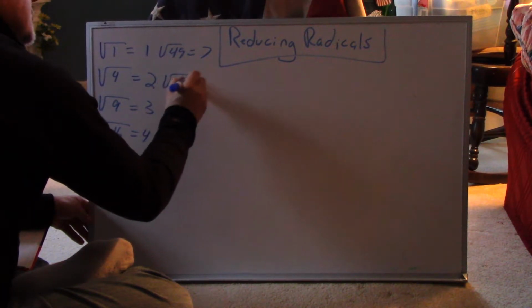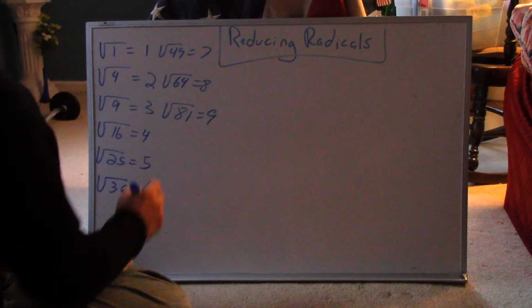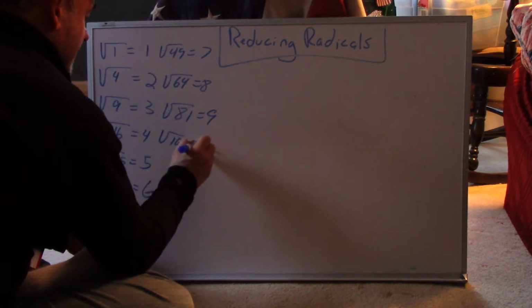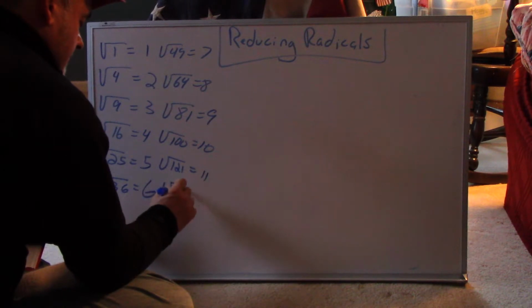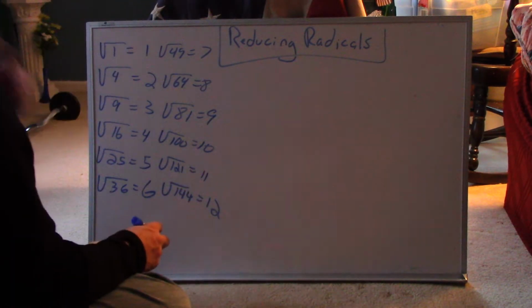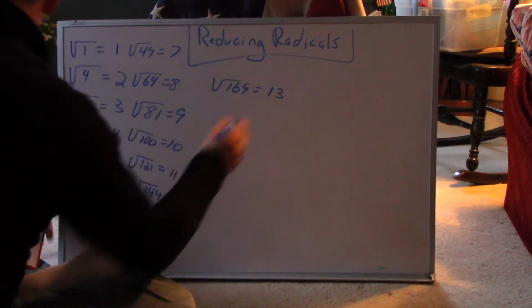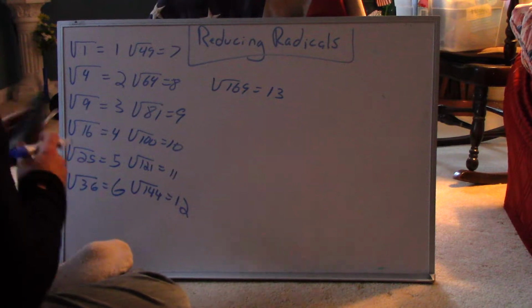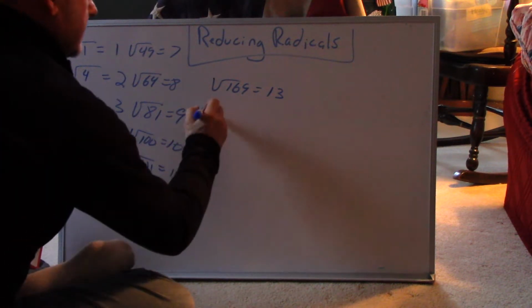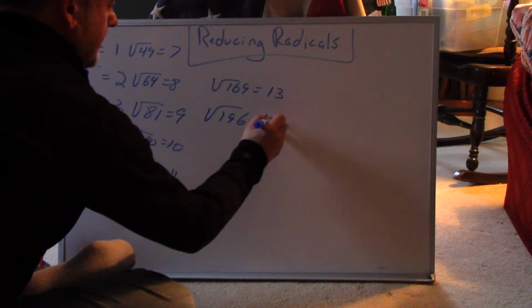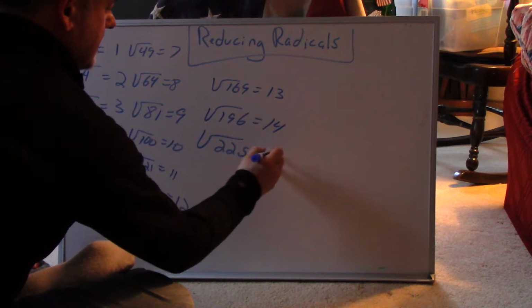Square root of 64 is 8. Square root of 81 is 9. Square root of 100 is 10. Square root of 121 is 11. Square root of 144 is 12. And you could continue. The square root of 169 is 13. And I forgot 14. 196, that's right. Square root of 196 is 14, and the square root of 225 is 15.